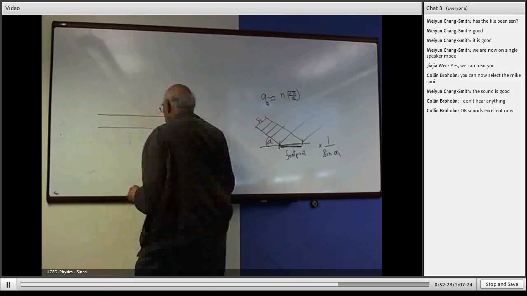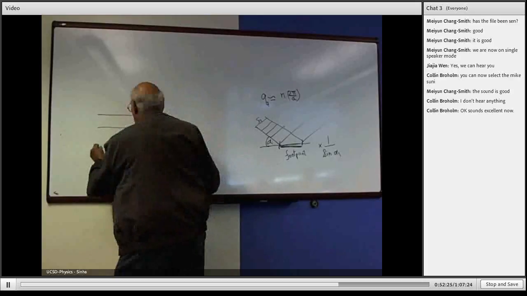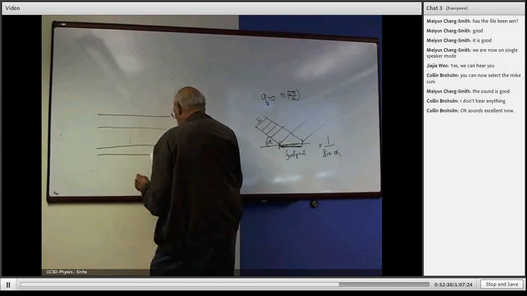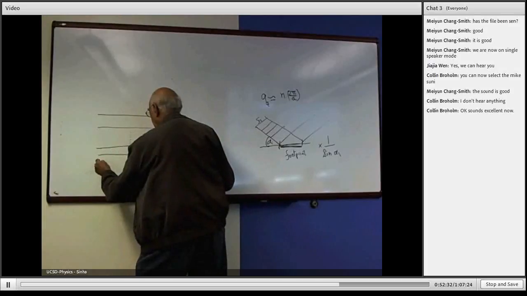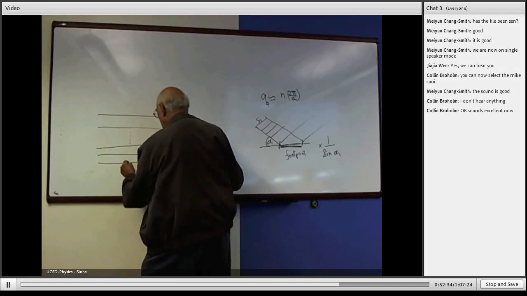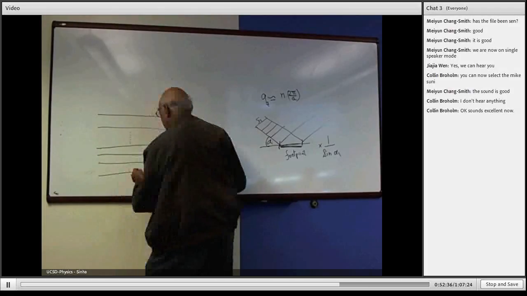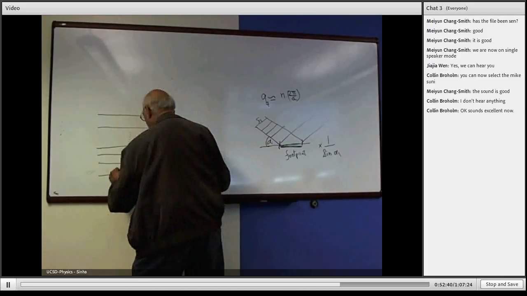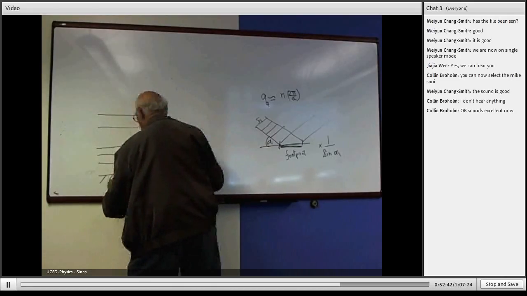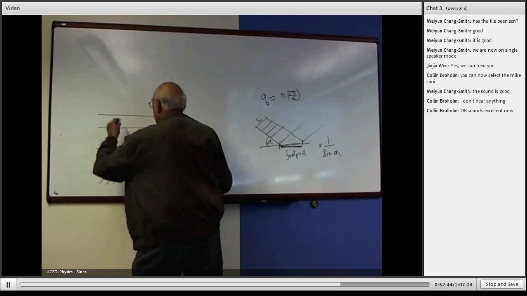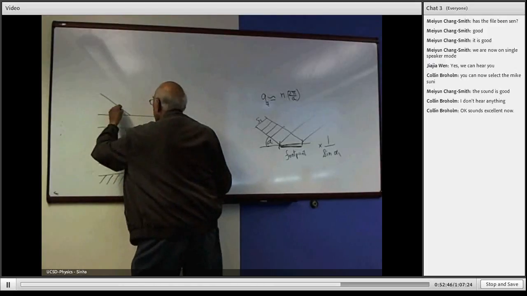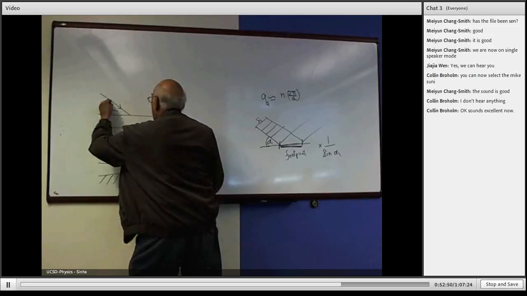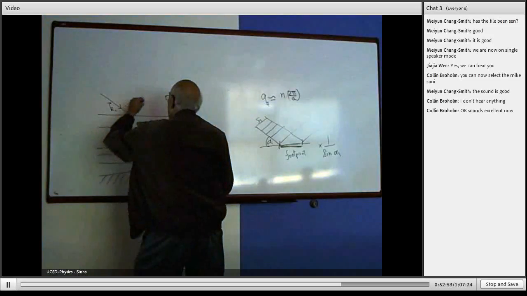This dots means continuation, and now I pick out an arbitrary layer inside the stack, and the layer below it, and then I keep going. And then I finally end up with the substrate. Okay, so this substrate here, and the beam comes in here, and is reflected off here.